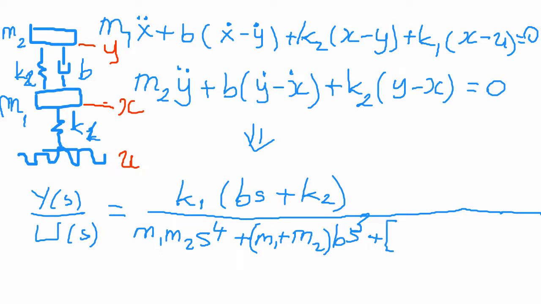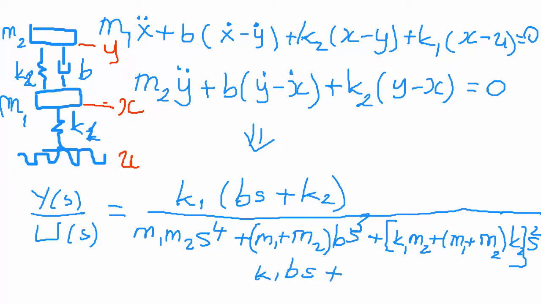plus k times k1 times m2 plus m1 times m2 plus m1 plus m2 k2 s squared. There's one more term here: K1 B S plus K1 K2.